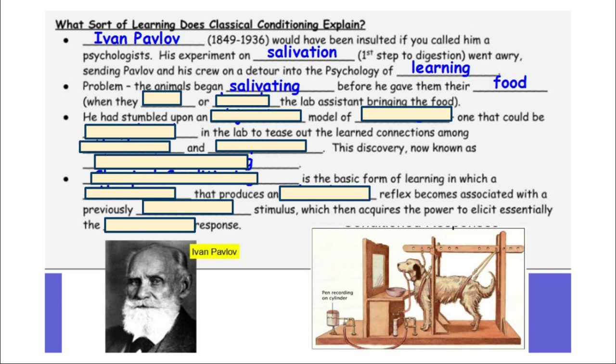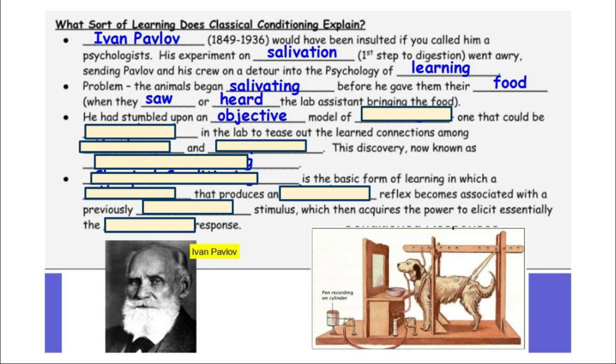And over time, the animals began to anticipate when the food was going to arrive. So when they saw or heard the lab assistant either walking down the hall or maybe the jingling of their keys as they entered the lab, they just assumed that they were going to get some food.